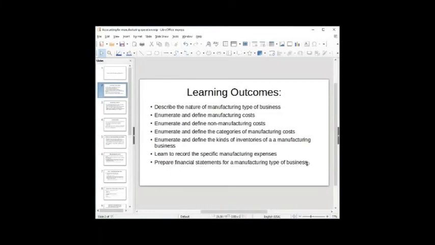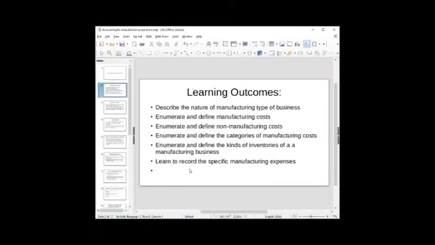But this one is not included anymore in our discussion today. So we have these learning outcomes for today's discussion.